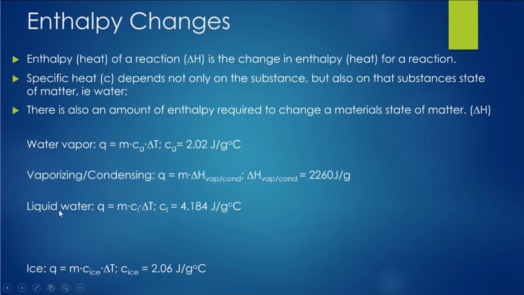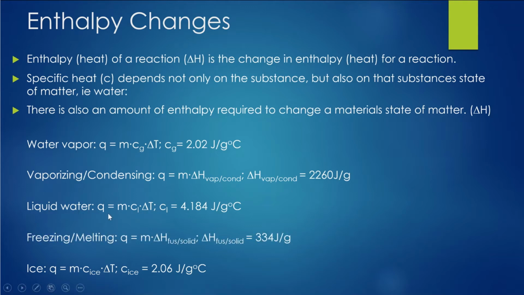When you're moving back and forth from liquid to gas, either vaporizing, that's liquid to gas, or condensing gas back to liquid, you can find how much energy, Q, by taking the mass of the water that you have and multiplying it by the delta H vap or condense, depending on which direction you're going. And that value, delta H vap or condense, is 2260 joules per gram.